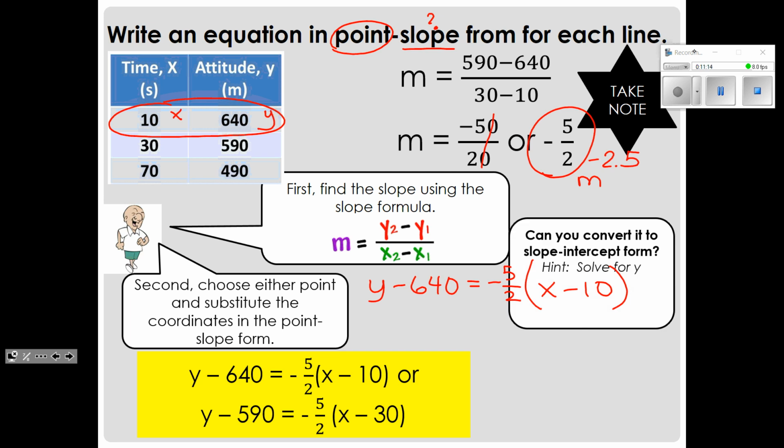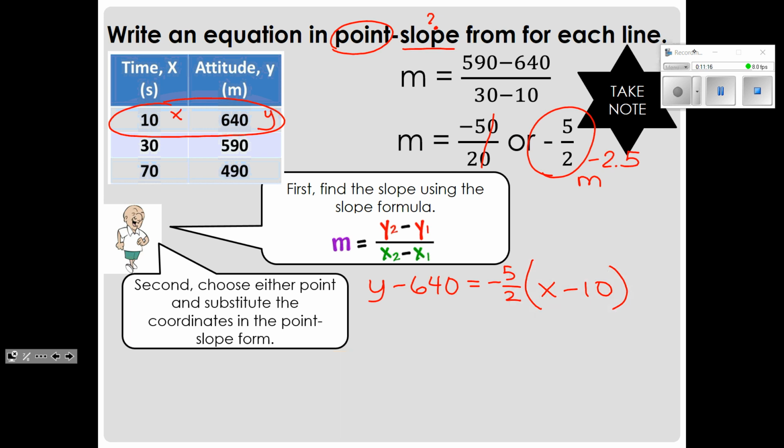Now to put this into slope-intercept form, you might prefer using the decimal if you want to, but we would need to do the distributive property. So that would be y minus 640, and you're going to multiply, so you have a negative 2 and 5 tenths x, and then you have a negative 10 times a negative 2 and 5 tenths, so that's just going to be a positive 25.